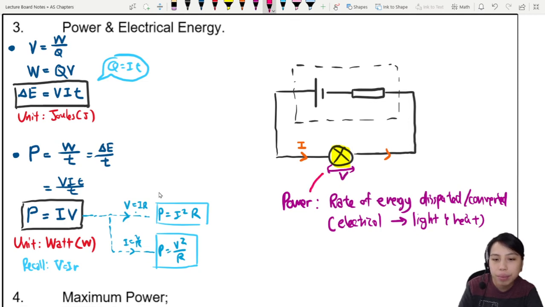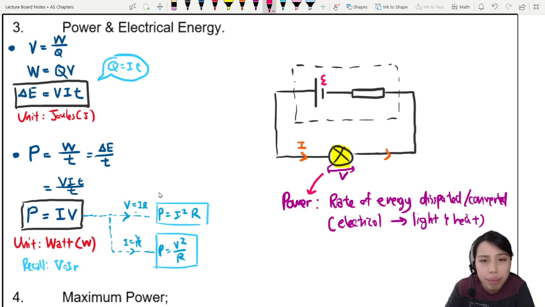This is number 1. Okay, what if you want to find the rate of energy provided or rate of energy generated using the EMF? So this EMF got some energy happening here. If you want to talk in terms of the power of the battery or the power of the EMF, then you have to do this.